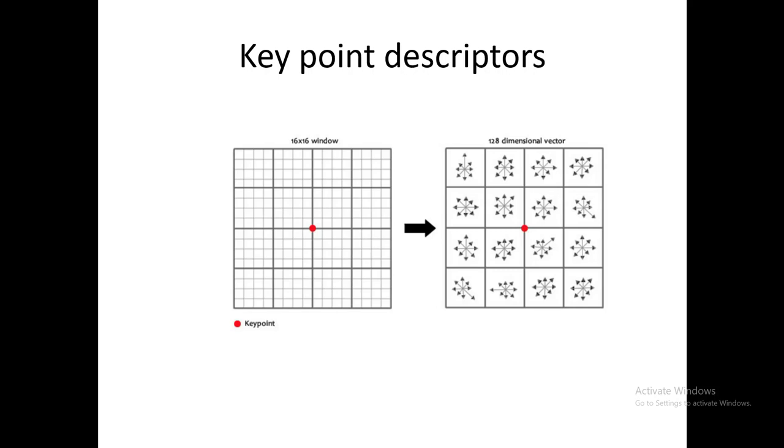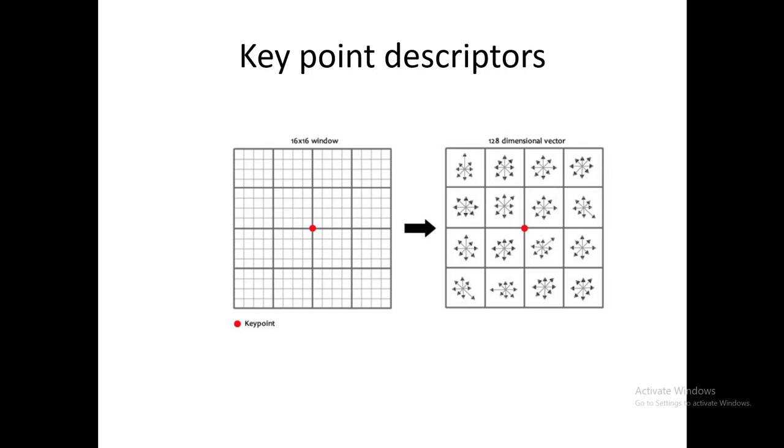We can see here a keypoint with the red dot, and the window around it is further divided into 16 subblocks of 4 by 4 size.